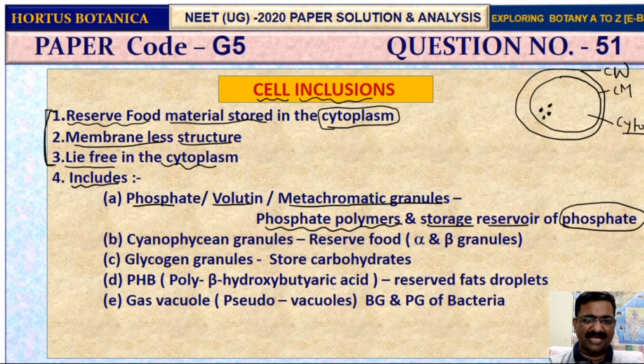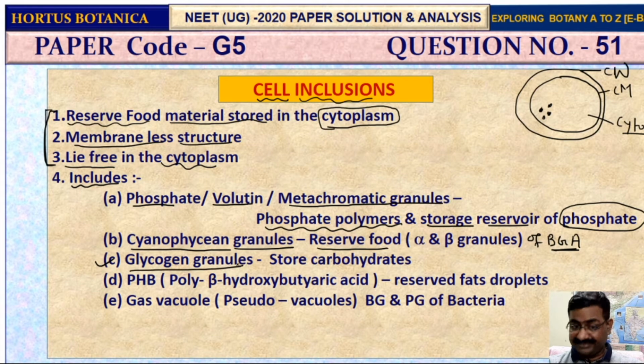Now second, it is found mainly in cyanobacteria, blue-green algae, and this is called cyanophycean granule, the reserve food alpha or beta granule of blue-green algae. Third and very important, it is the glycogen granule. It stores carbohydrate.